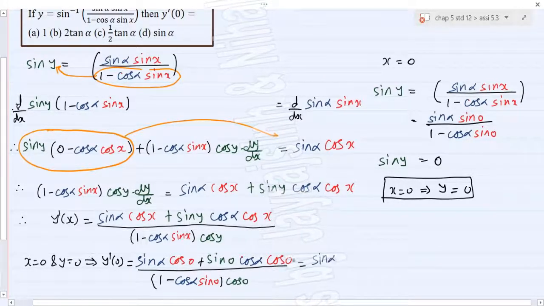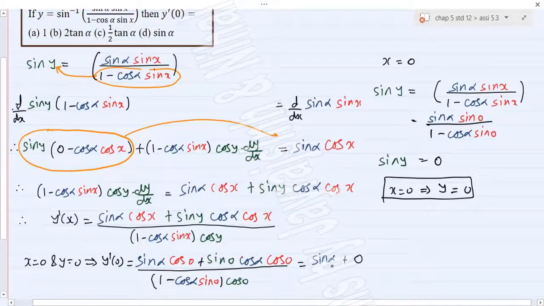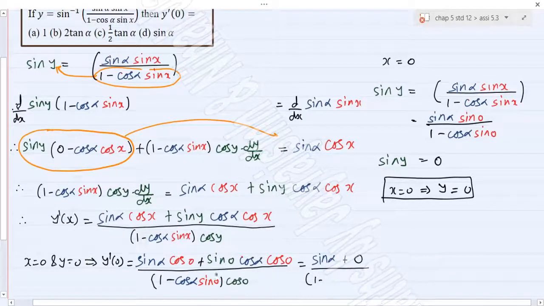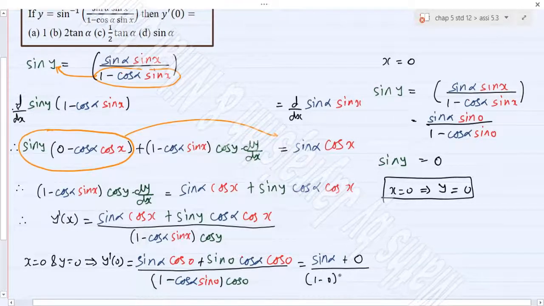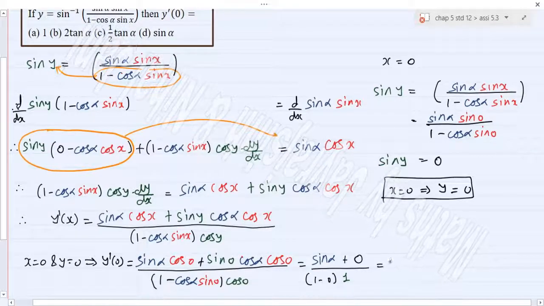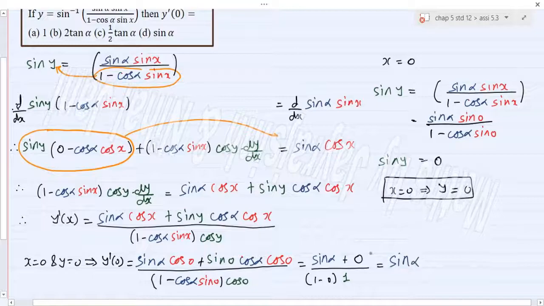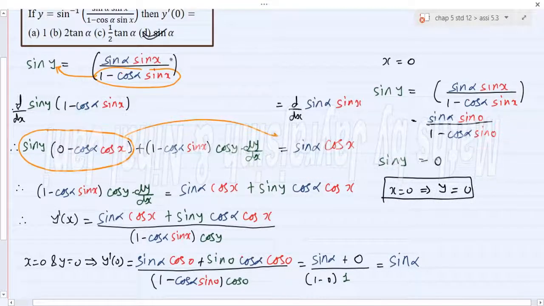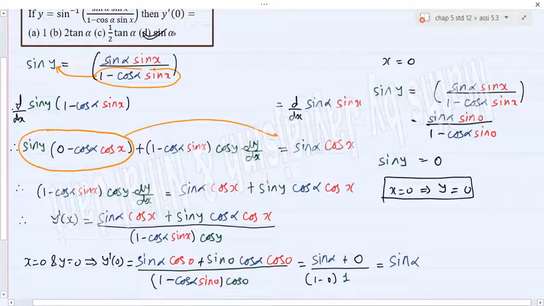Sine alpha will be as it is, cos 0 is 1, plus sine 0 is 0, so whole term will be 0, upon 1 minus cos alpha into 0 is 0, and cos 0 is simply a 1. So finally we will get sine alpha as y dash 0, which is given in option D. So, ta-da! D is your final answer.